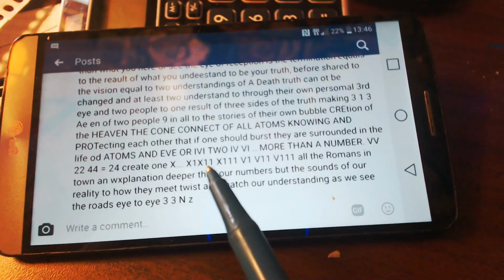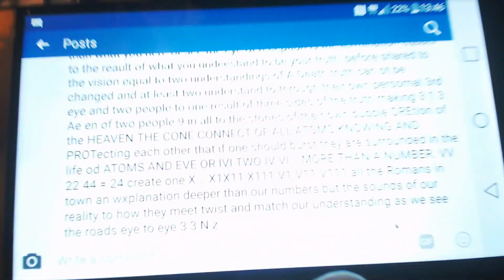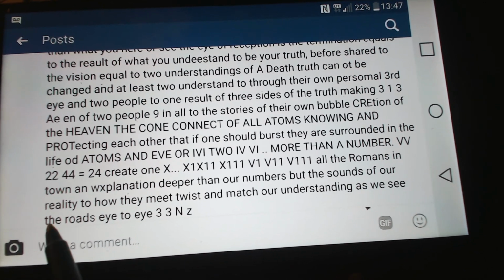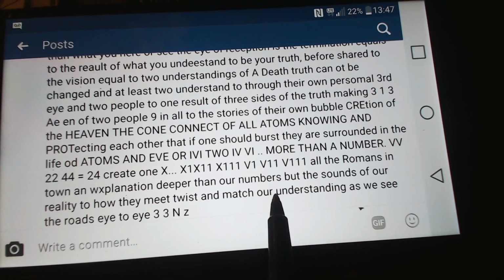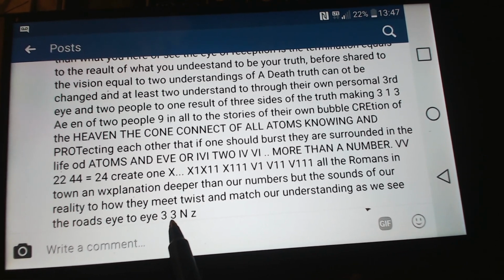Then the explanation is deeper into the numbers, okay, the angles and the sounds. The Romans, deeper are the numbers, but the sounds of our reality, how our sound meets and twists to match the understanding between 2 of us, as both eyes meet eye to eye.